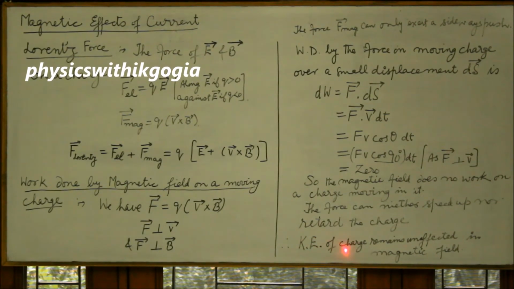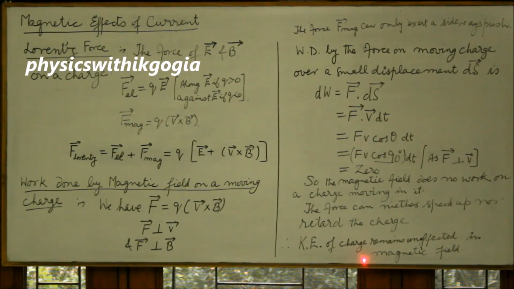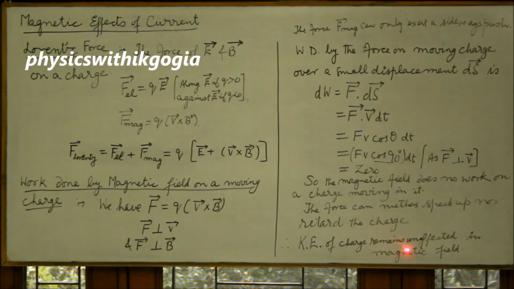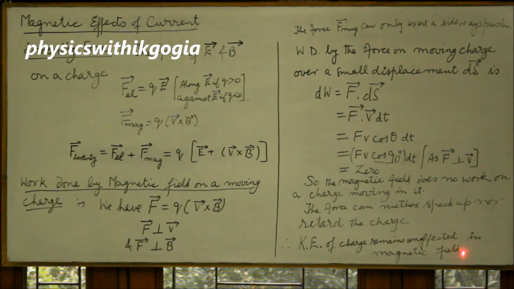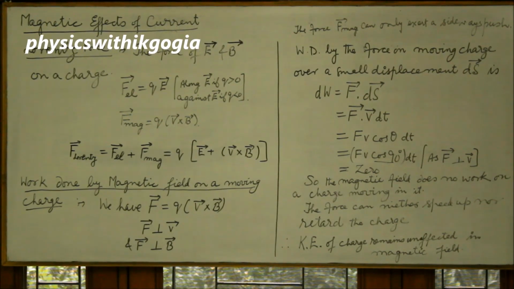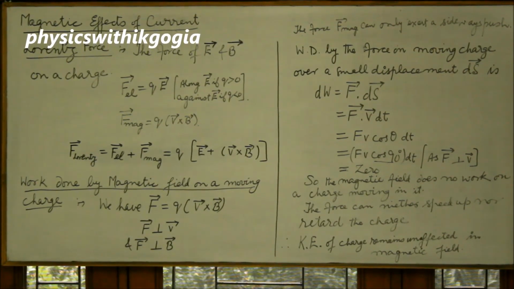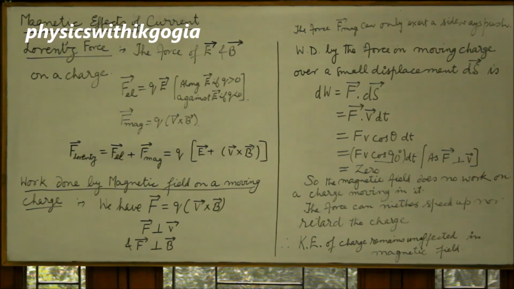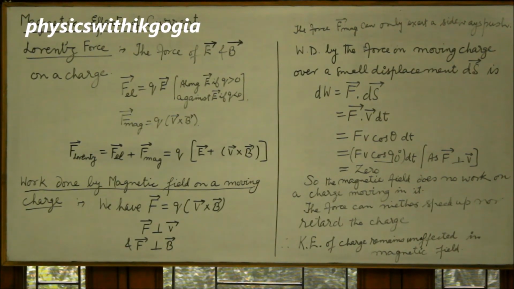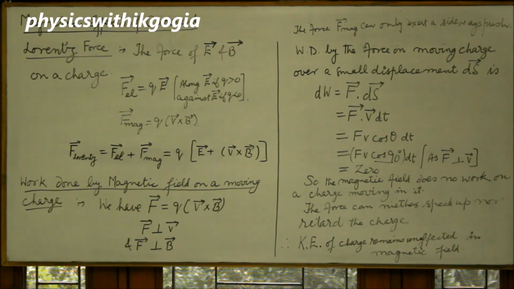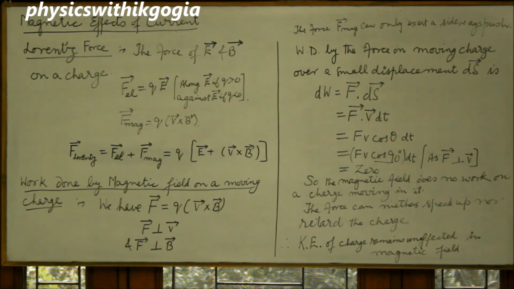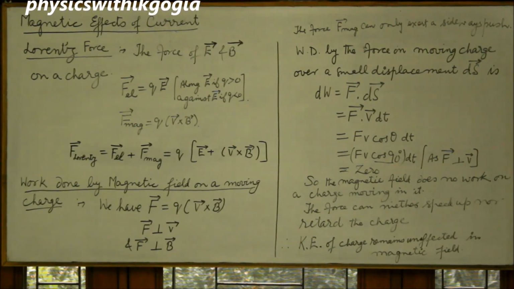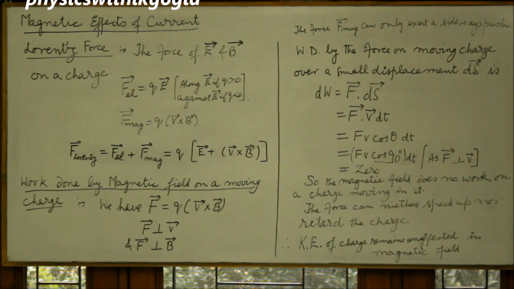The kinetic energy of the charge therefore will always remain unaffected in a magnetic field. So if you want to speed up or retard a particle, you need an electric force or electric field. If you want to deflect a particle sideways without changing its speed, you have to apply a magnetic field on the particle.